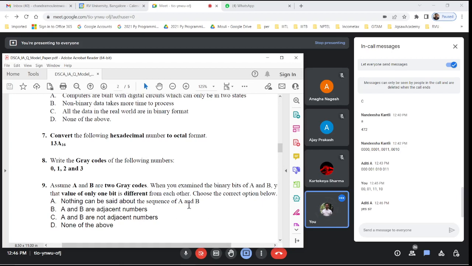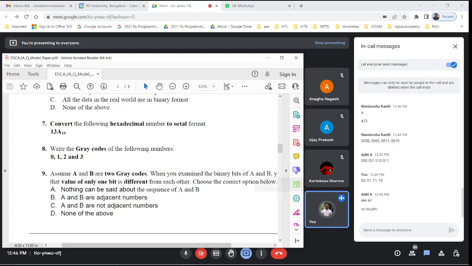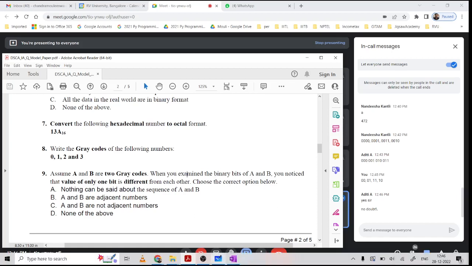Okay, thank you. Gray code is very important, and there may be questions on gray code. Now let us look at question number 9. A and B are two gray codes. Just randomly, I have taken two gray codes. When you examine the binary bits of A and B, you notice that the value of only one bit is different between them.